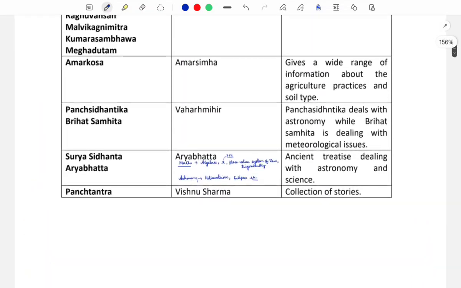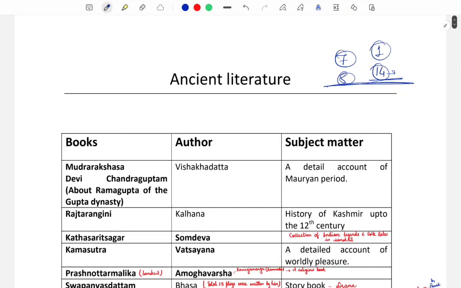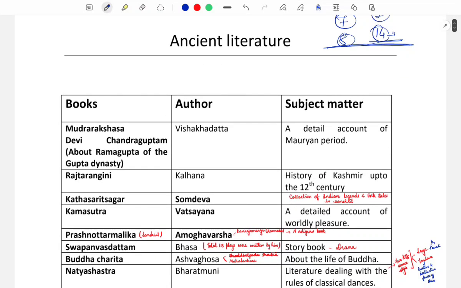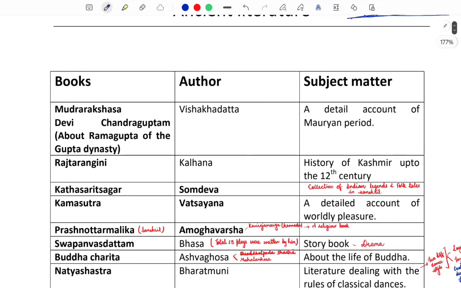Let's discuss it, and later on I'll also be discussing it separately. Whatever categories we have categorized our texts into, I'll be discussing some of the texts from those categories as well. But for your exam, this table is very precious and very important. Okay, let's get back to our discussion.